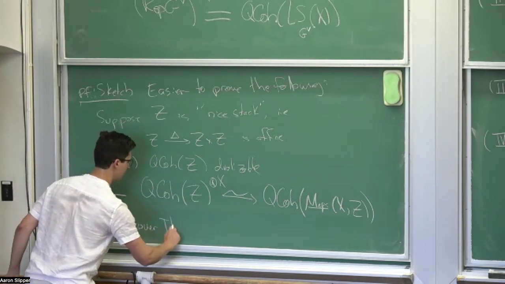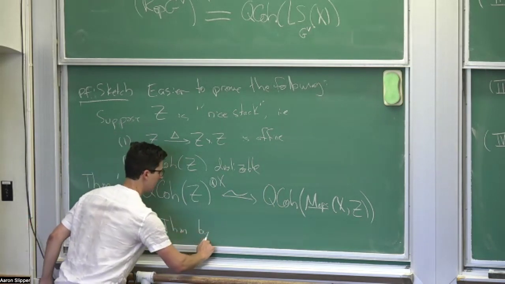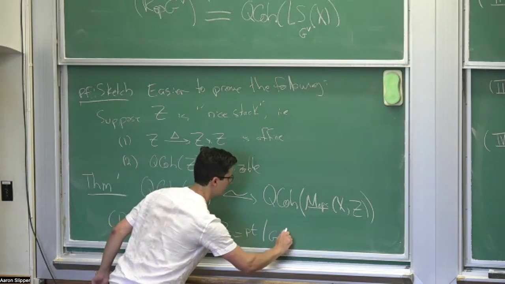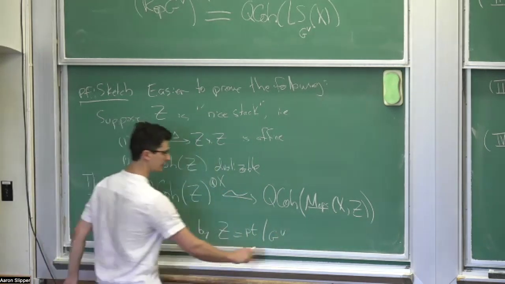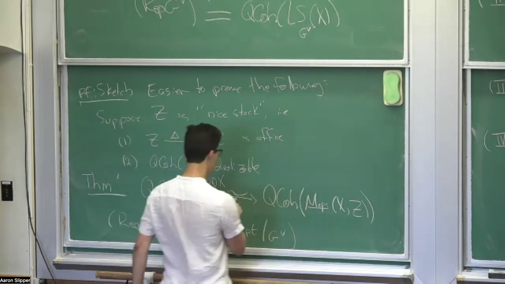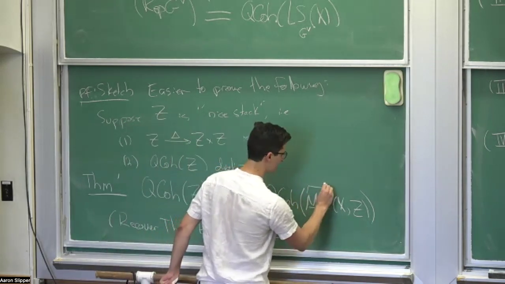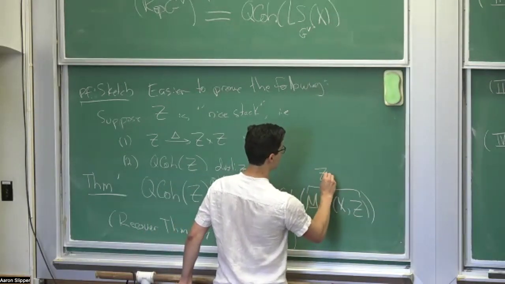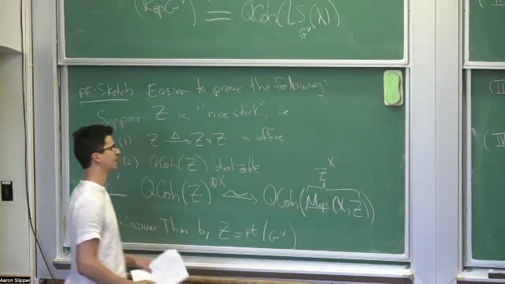Cover the theorem by taking Z as point mod G. I'll prove this, but let me simplify notation. I'll denote this space by Z superscript X.